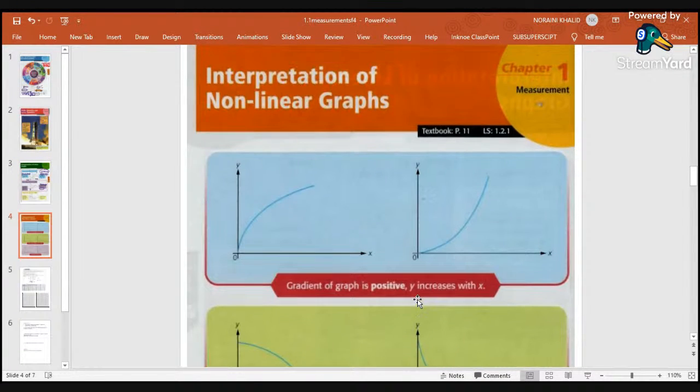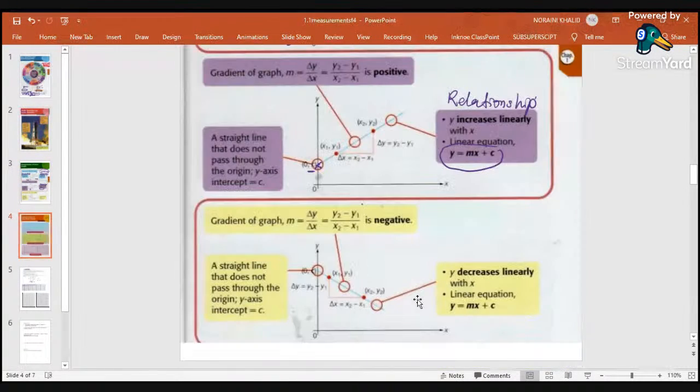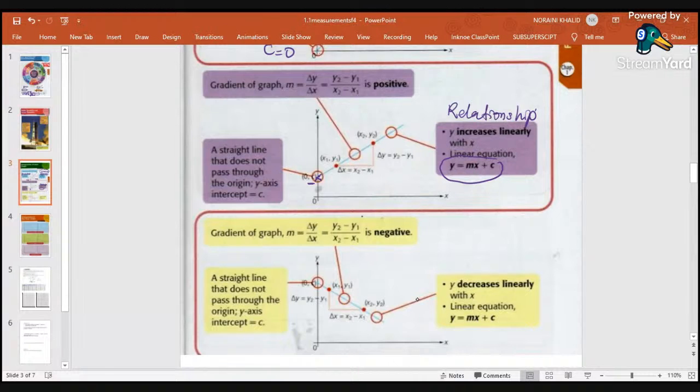Okay, the third one, which is a straight line graph, we have this type of graph. It decreases. Describe the shape: a straight line that does not pass through origin, y-intercept c, gradient is negative.